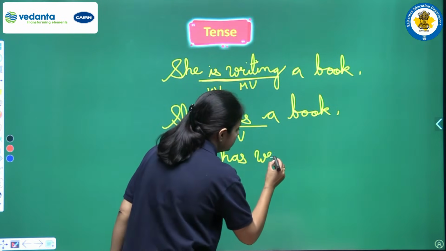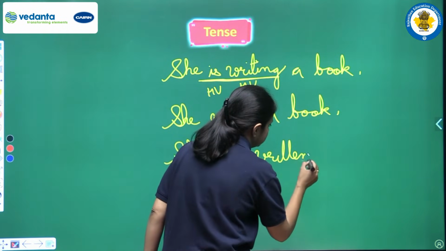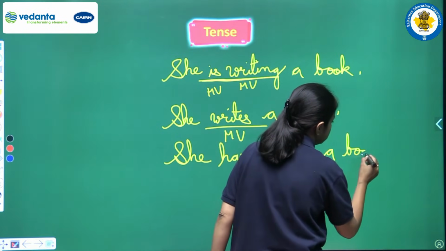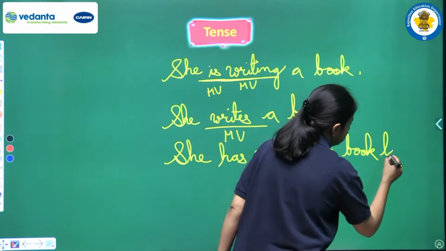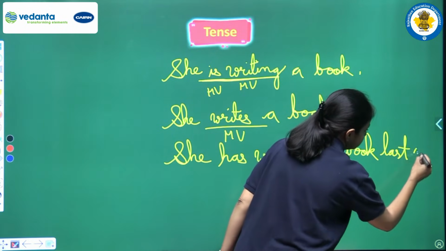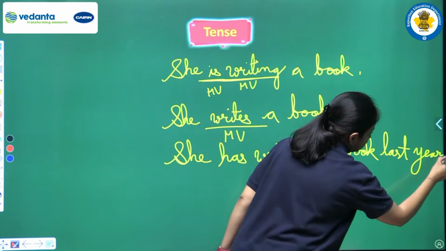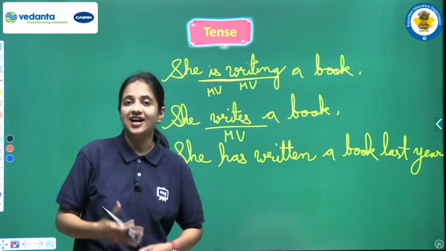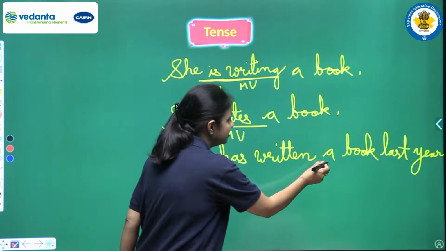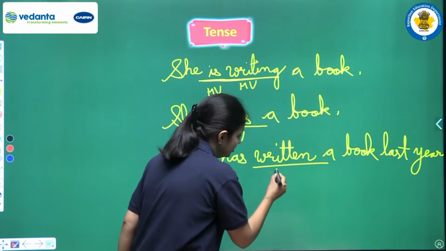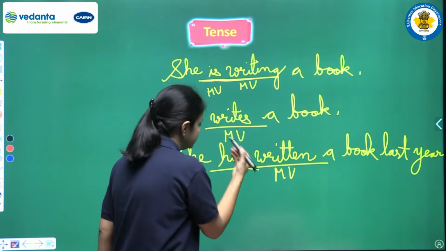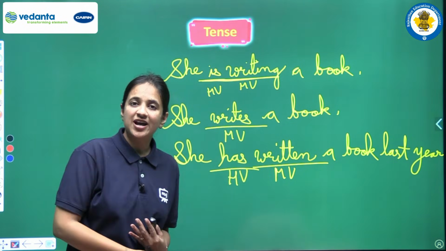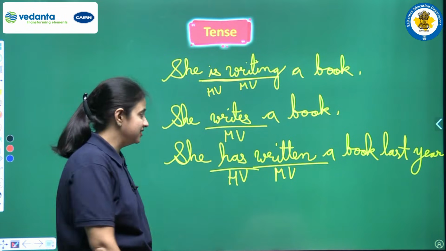And again we can see that she has written a book last year. Okay, so now we are having the sentence she has written a book last year. So now we are having written as our main verb and has is the helping verb. So again we can see a different form of write in this sentence.